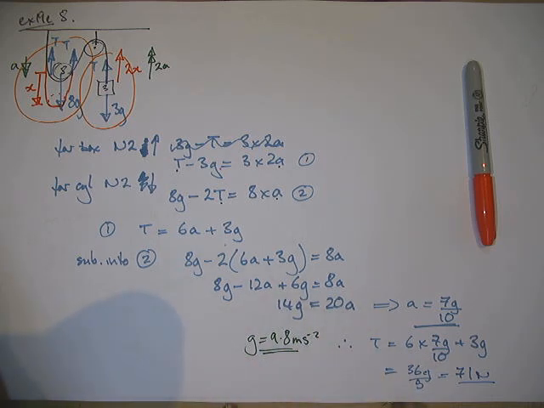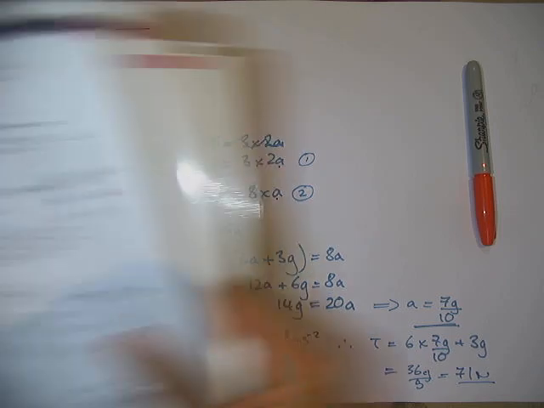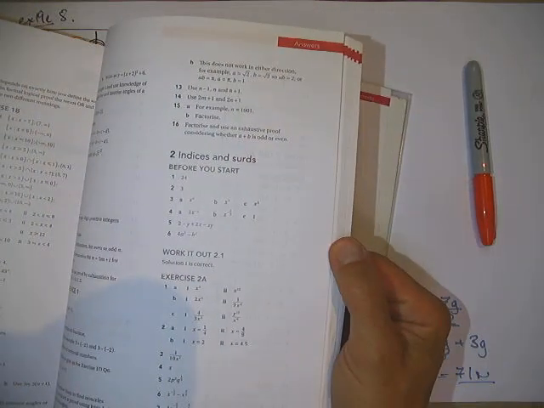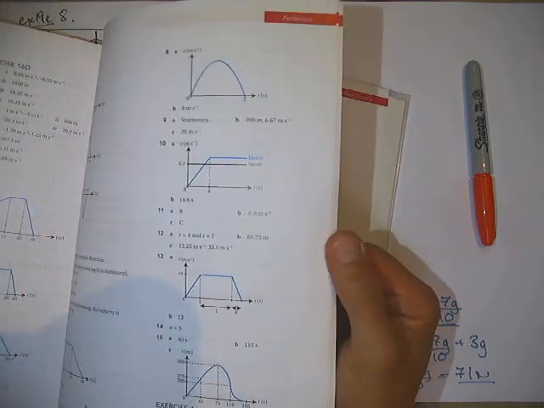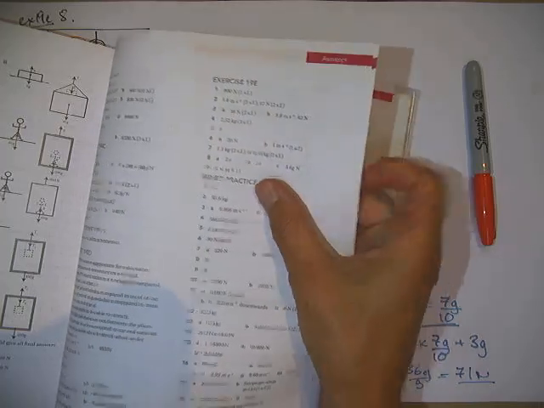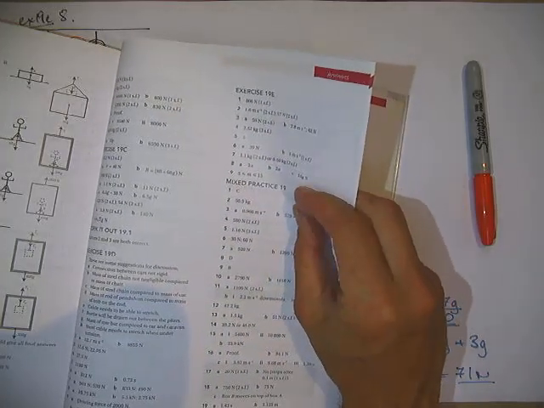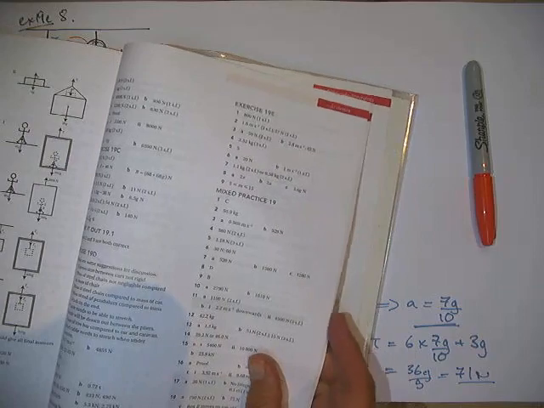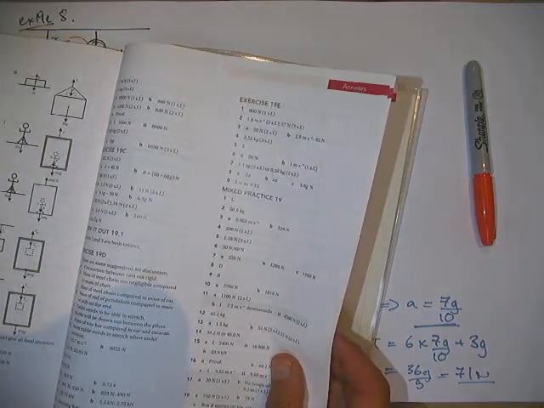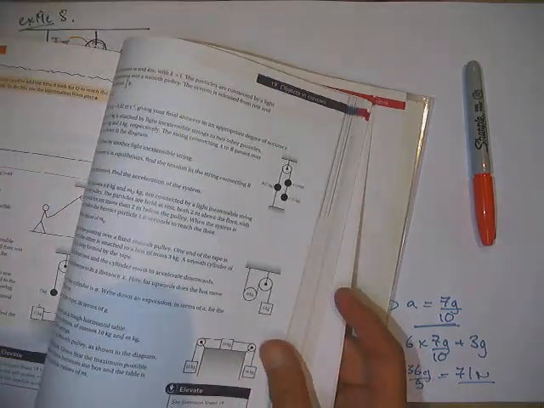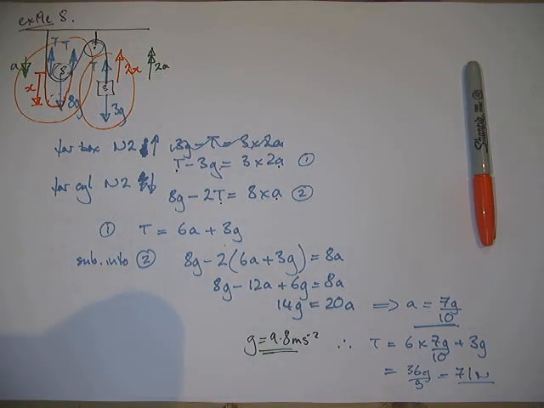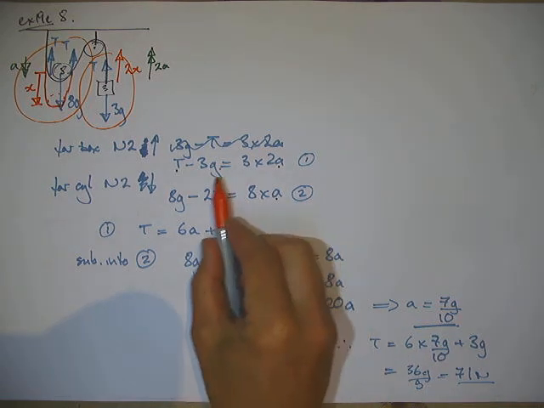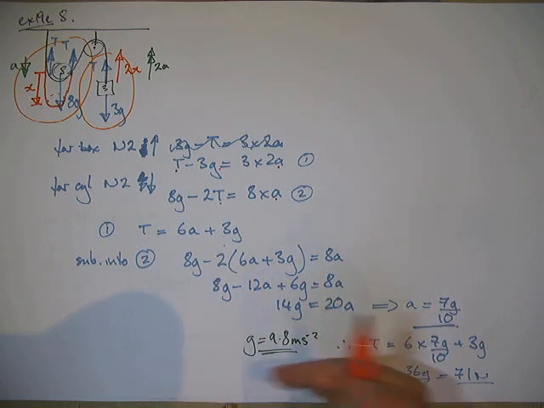And let's just check the answer. 19E question 8. If it's different, I'm going to say the book's wrong. The answer says 3.6g. Right, I don't entirely agree with that, so let's pause. Race to find the mistake here. I think that's correct, that's correct, that's correct. Where do I tend to make mistakes?